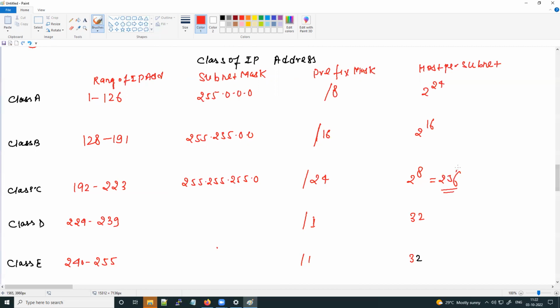But HP, Google, or Cisco are very big organizations. They need IP addresses in the lakhs, not just 256. So they have to go with this IP address.